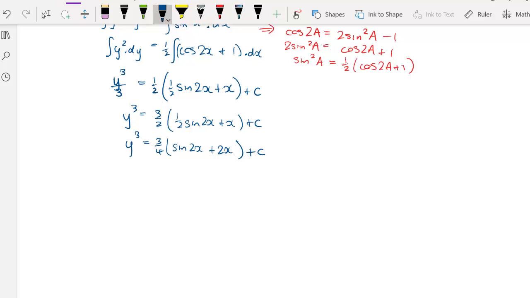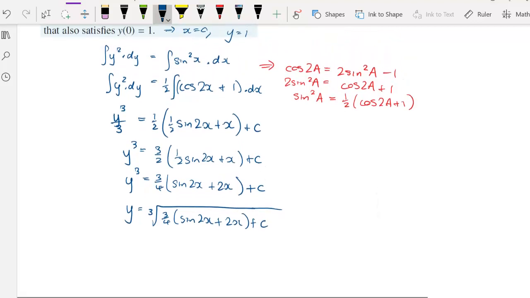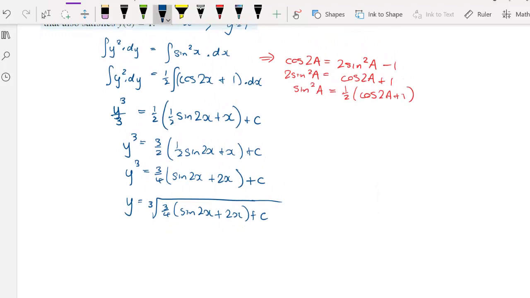And the last thing that we need to do is the cube root here. So we have y is equal to cube root of 3 out of 4 sine 2x plus 2x plus c. And there we have it. We've got our general solution.